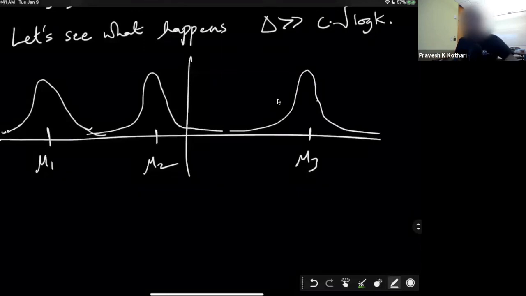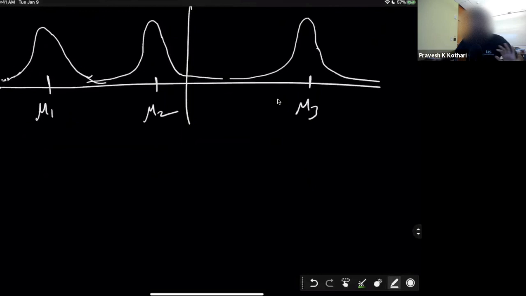In other words, if I plot these points on a line, they'll look like this. There'll be some red points like this. I'm trying to draw the interval where, let's say, 99% of the points from the first cluster are present.